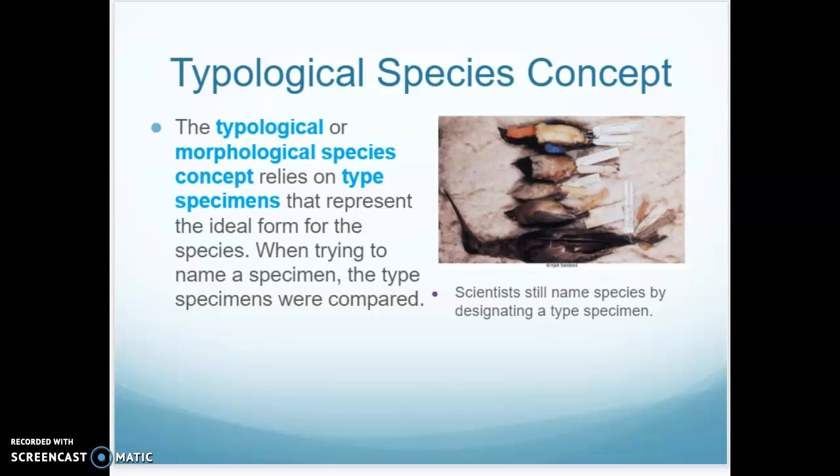But a tiger isn't necessarily orange with black stripes. Sometimes you have white tigers. Sometimes you have tigers that have different characteristics than that. But the black and orange tiger would be considered the type specimen or the ideal form. So basically in the typological species concept, this is what a tiger looks like. If you have something that looks similar to this, it's a tiger. That's how you identify a species.